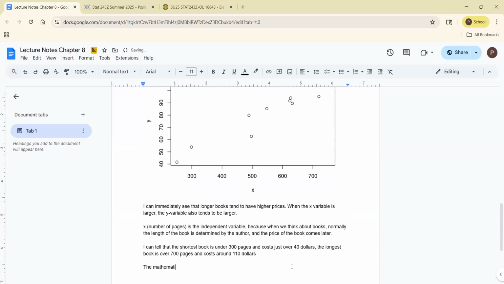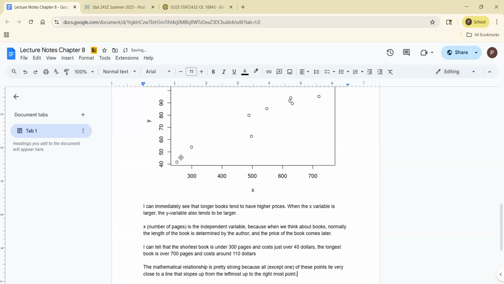I can see that the mathematical relationship is pretty strong because all except one of these points lie very close to a line that slopes up from the leftmost point to the rightmost point.